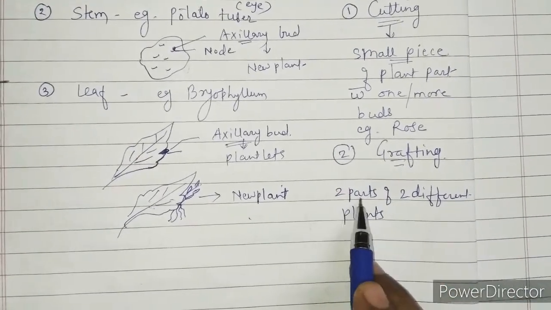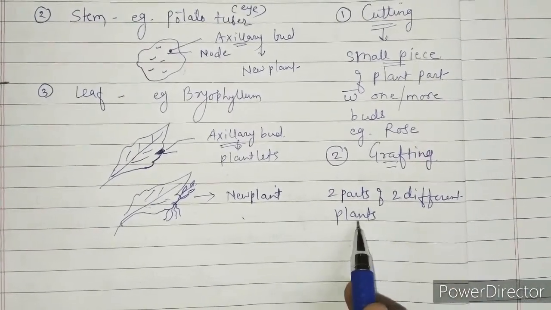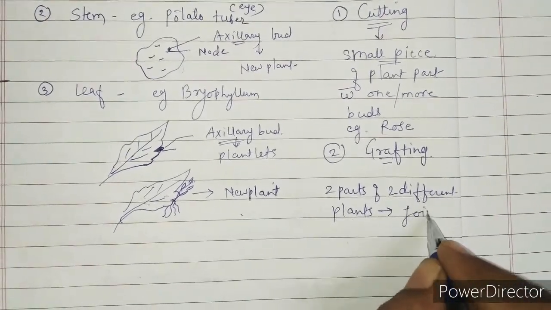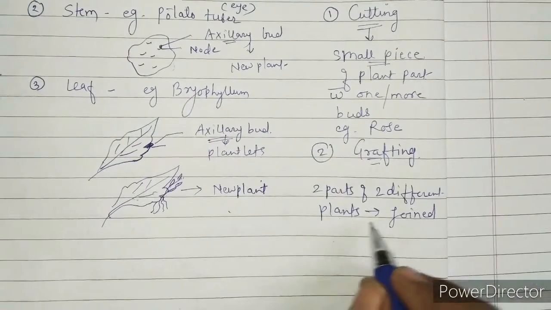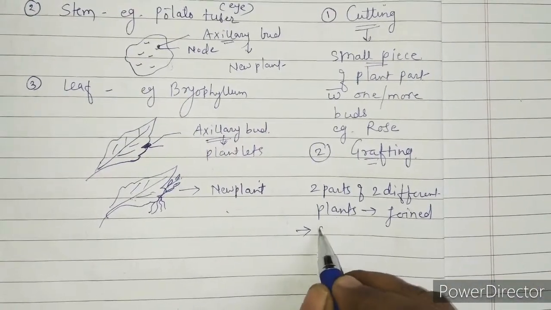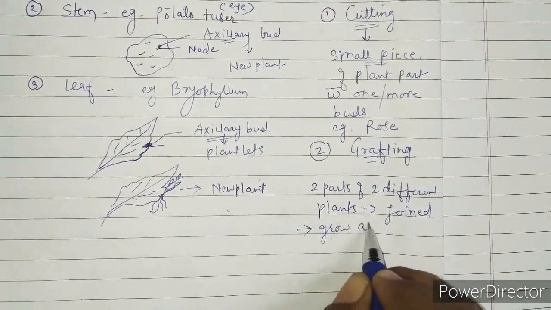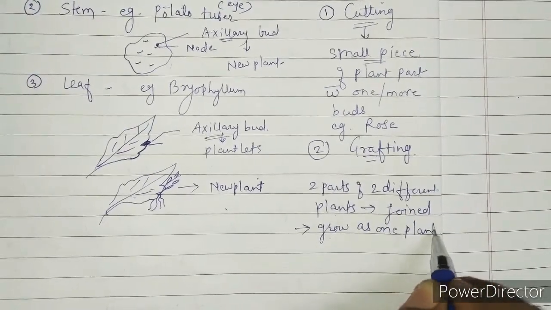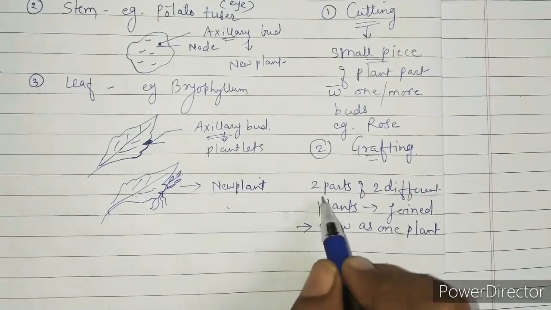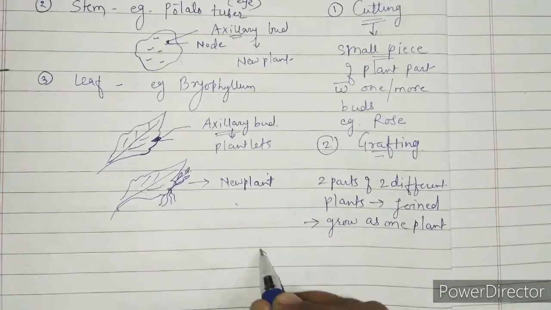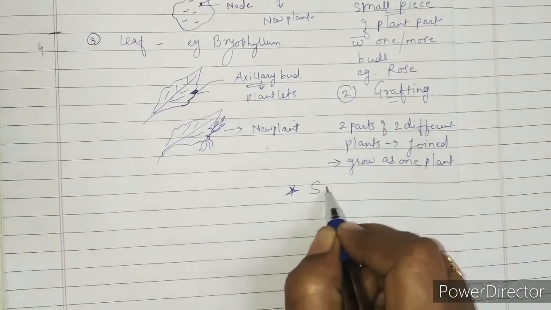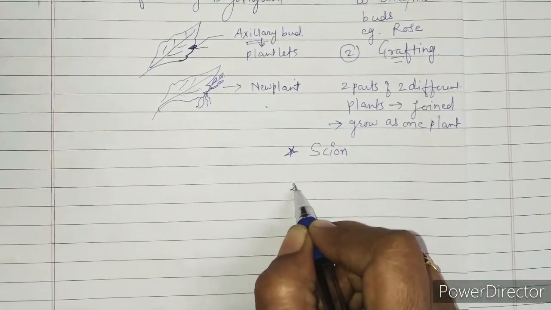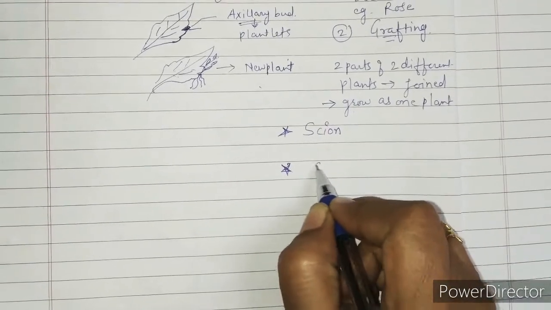Remember, two parts of two different plants are used, and these are joined in such a way that they grow as one plant. Here mainly the two plants which are used are known as, the first one scion, and the second plant is called stalk.